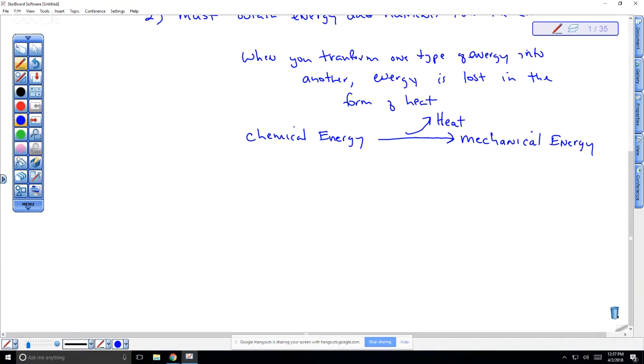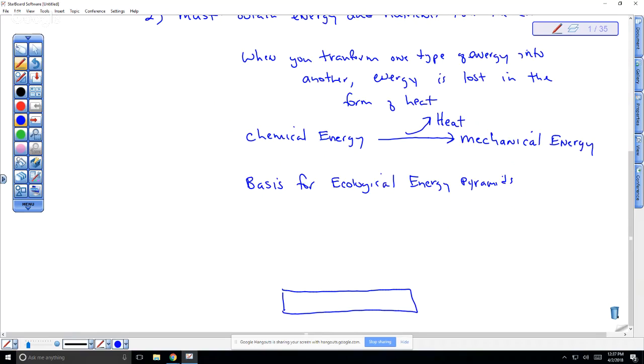So this is the basis for ecological pyramids. We'll put energy pyramids. So at the base of any ecosystem, we have the producers. Why are they called producers?